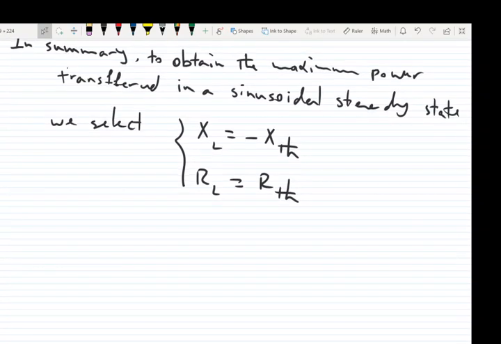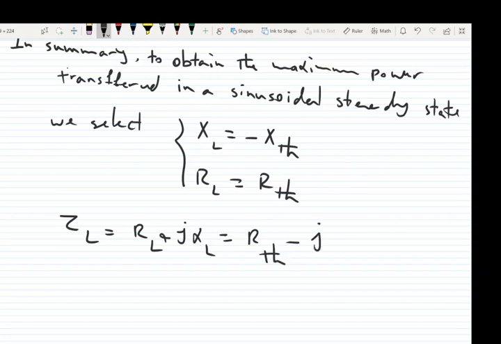So ZL is equal to RL plus jXL, which is equal to R Thevenin minus jX Thevenin.